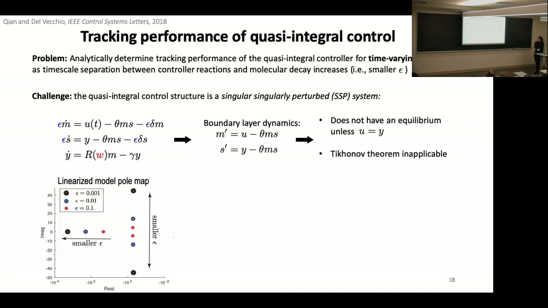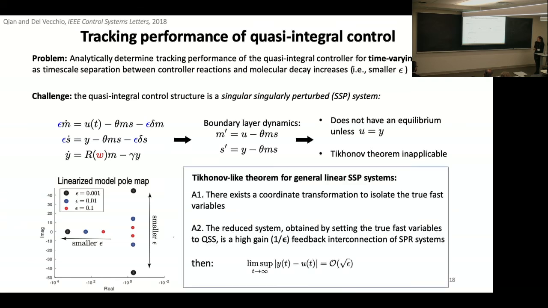So then what we did, we stepped back and said, let's look at the linearization. What you find out from the linearization is that even though this seems to have two fast variables, there's actually just one fast variable. And as you decrease epsilon, the other mode becomes less and less damped. So you have these decreasing damping ratios of poles that get close to the origin. So what we had to do is to prove a Tikhonov-like theorem for general linear SSP systems.